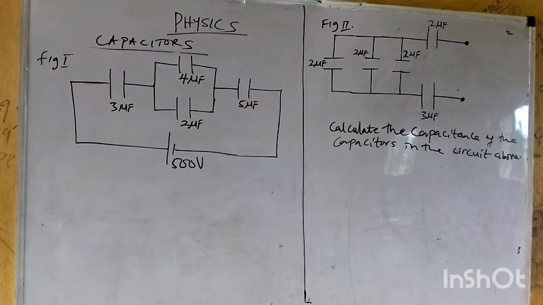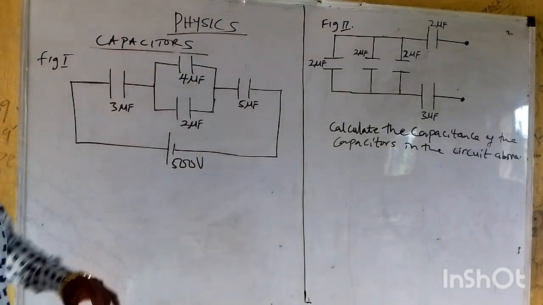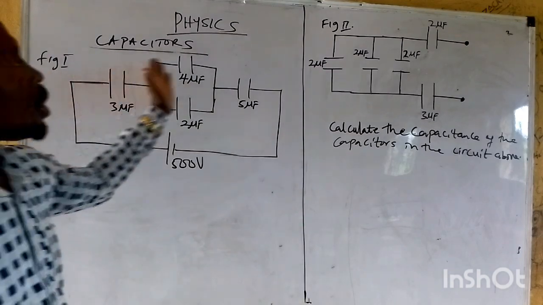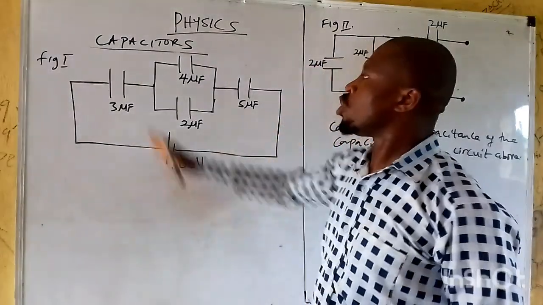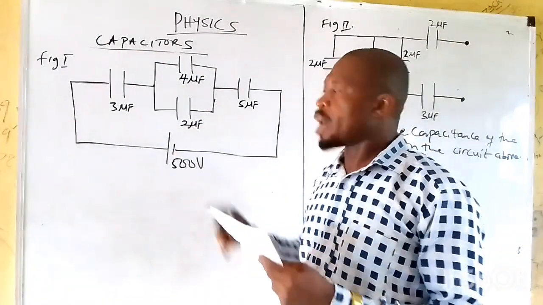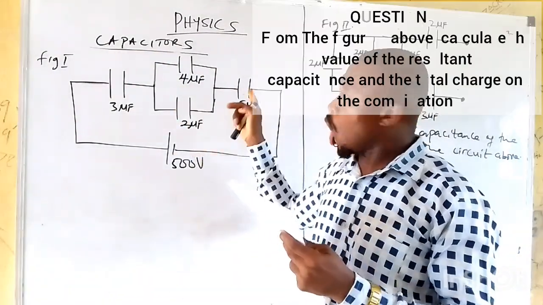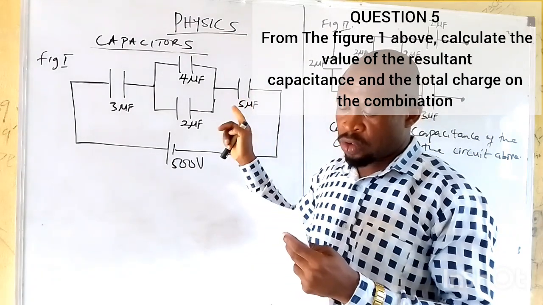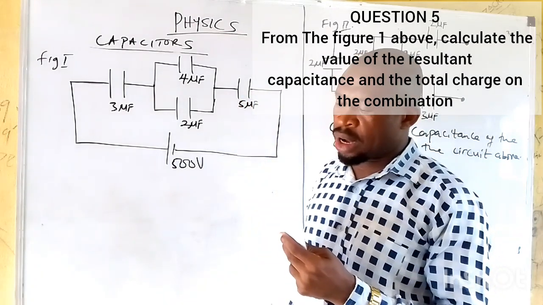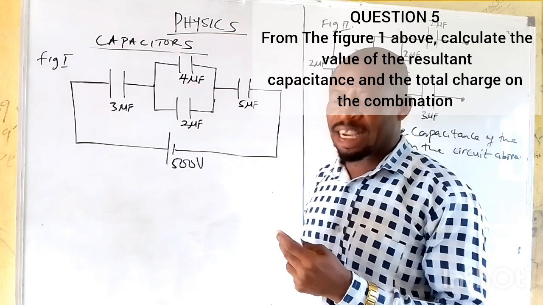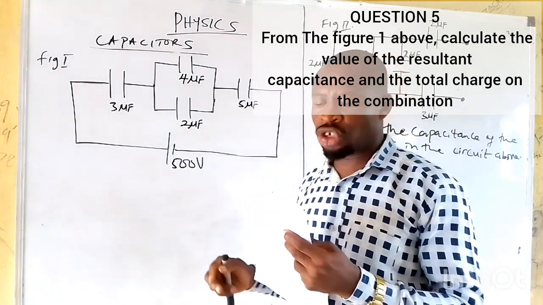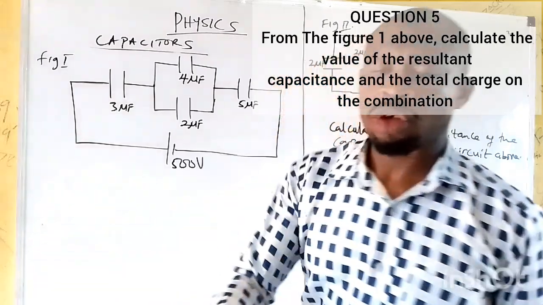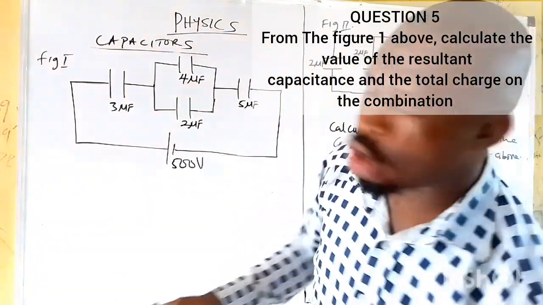Okay, so we now have figure 1 and figure 2. We will solve them one by one, so we'll solve this one first. This one says, from the figure above, calculate the value of the resultant capacitance and the total charge in the combination.